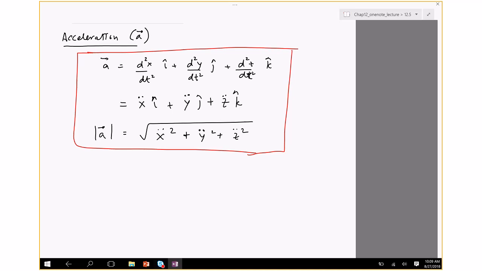So either you're given positions and you got told to find velocities, acceleration, in which case you differentiate, or vice versa. You're given accelerations and you got to integrate to find velocities and positions. So the problems are basically in that flavor. Given velocity or given acceleration, given position, find other things.